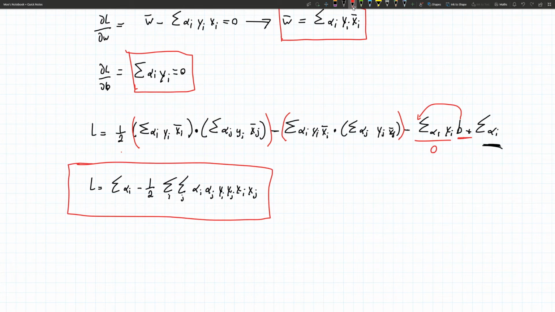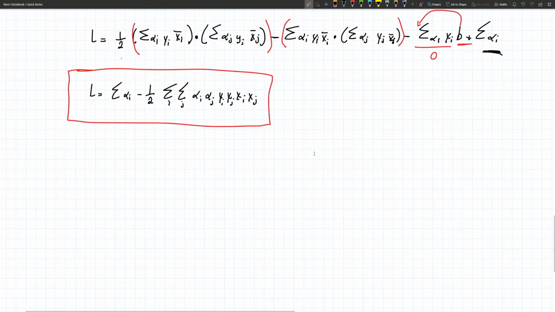So why did we actually do this in the first place, right? My handwriting is really bad, I can't differentiate x from y. Okay, let's say this is x, this is y. So why did we do this in the first place?